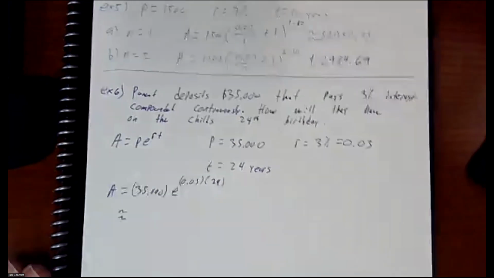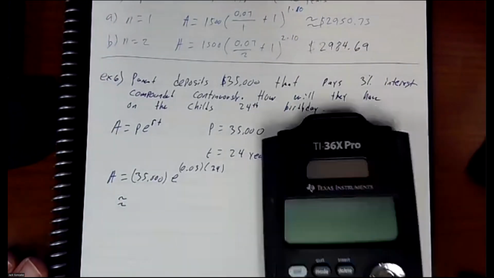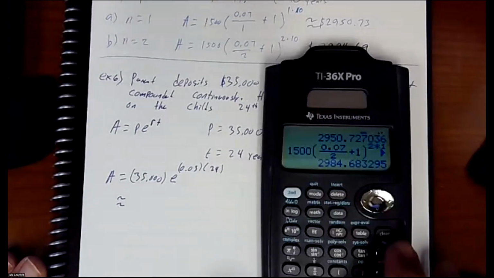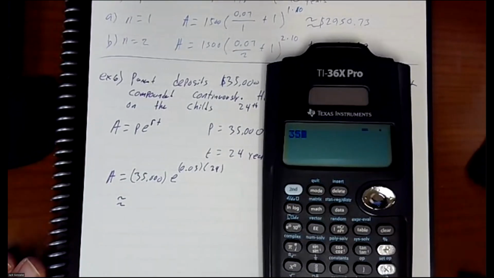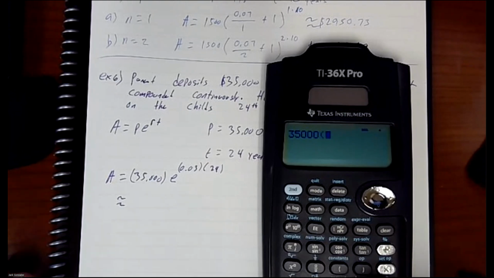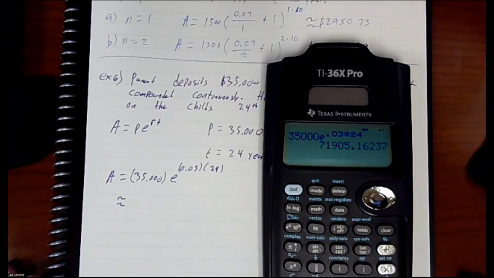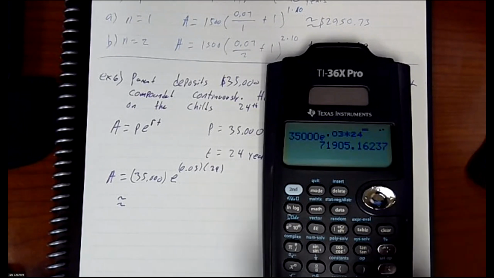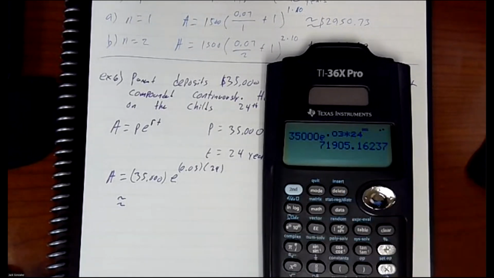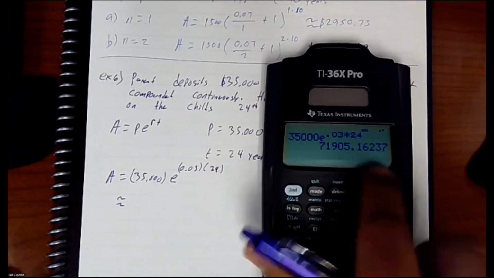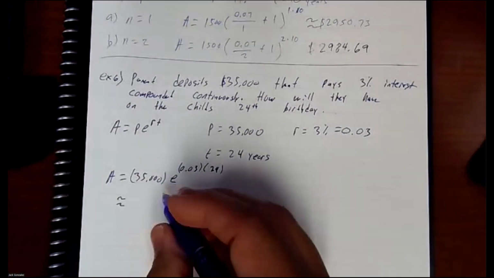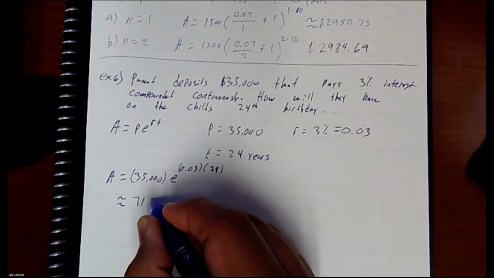That will give us the amount in the account. So that's about 71,905 in 24 years. So not doing anything, the money just sitting there, given enough time, that's how much they will have.